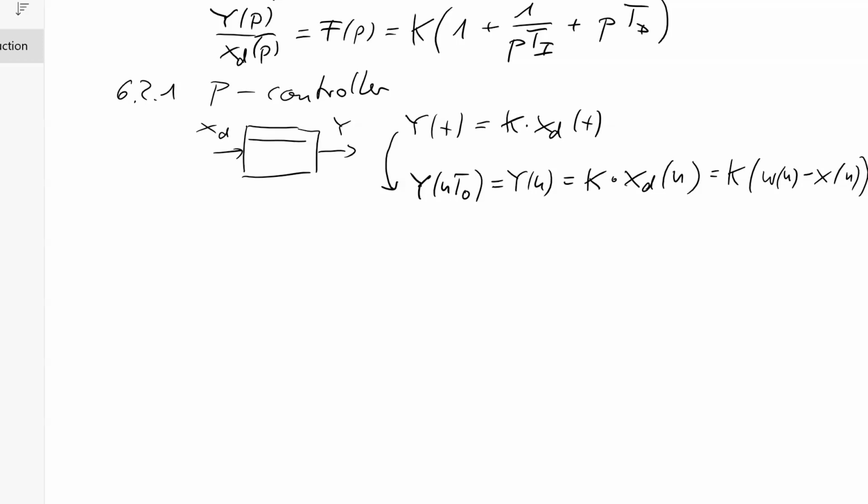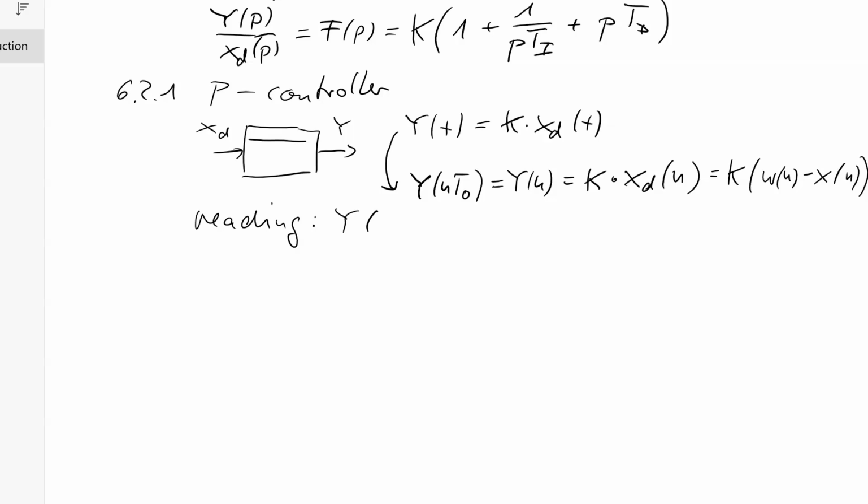What I need now in the algorithm is to calculate the output value y, which I then can send to the digital to analog converter, in the way that I sample the actual control difference and multiply with k.